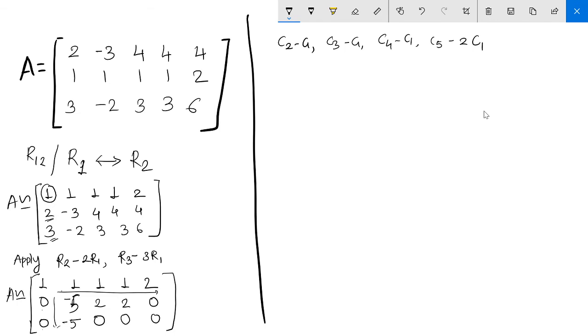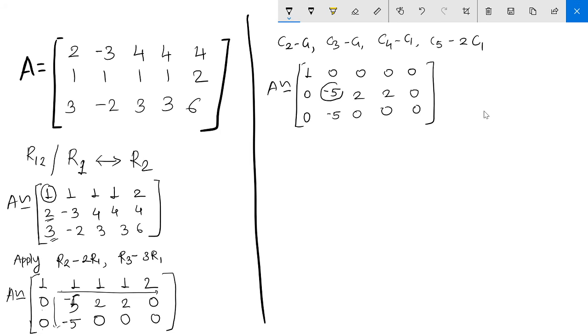After all these column operations, only the first row will vanish, so 1, then 0 0 0 0. There is no change in the second and third rows because the second and third entries of the first column are 0. So it is -5, then 2 2 0 0 0 0. Now we have to make this one.